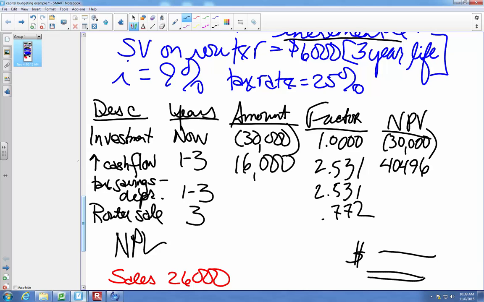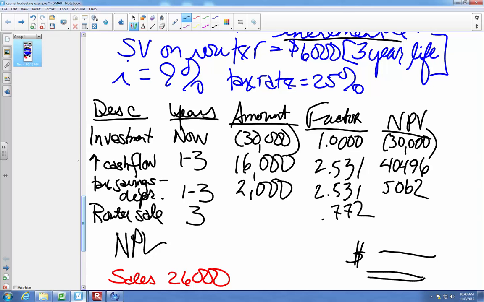No, 24 grand, right? 30 minus the salvage value, over how many years? 3. And what's my tax rate? So I'm going to save how much a year on taxes?